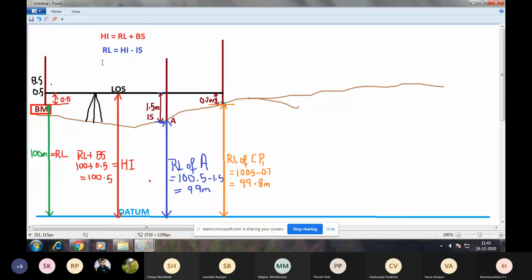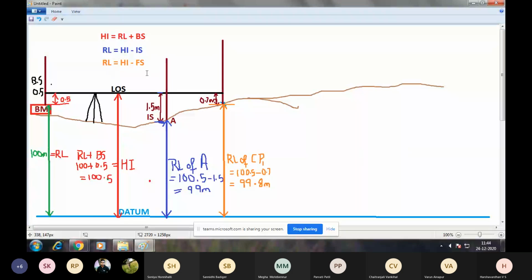So I can generalize this formula as RL is equal to HI minus FS. So if I want to find RL, I can use this expression, HI minus FS.